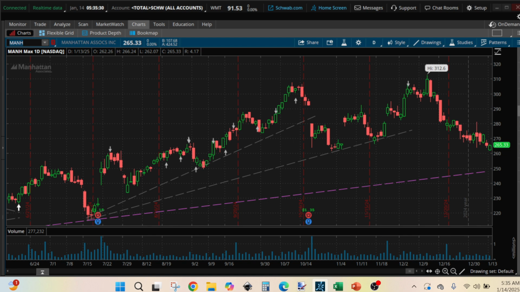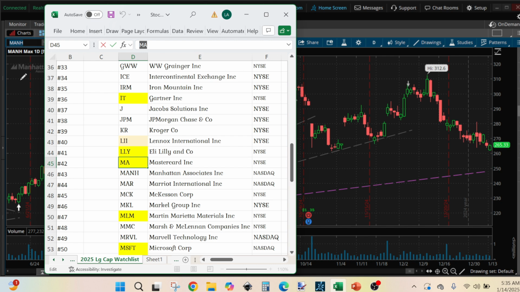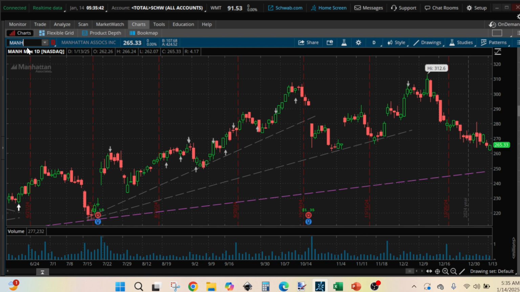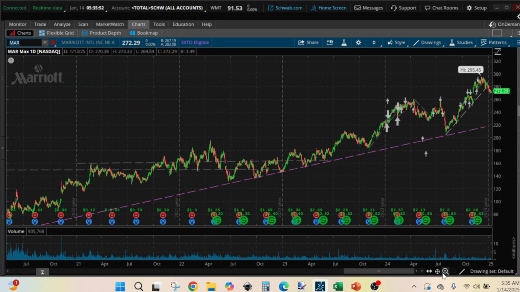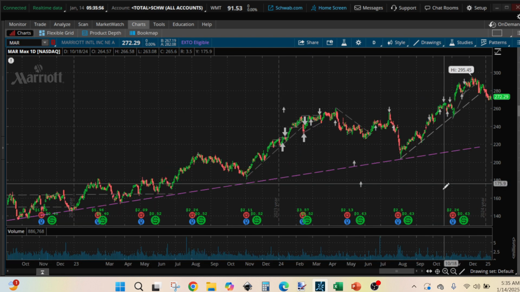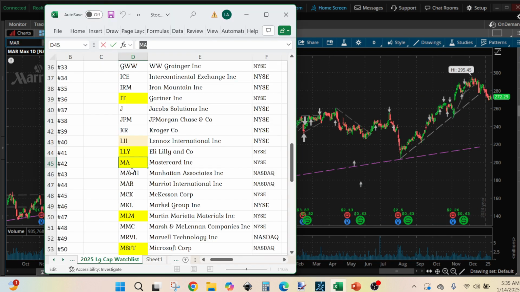The next one is MAR. And MAR, the trend line ended and it seems to be going down. The next one is MCK.